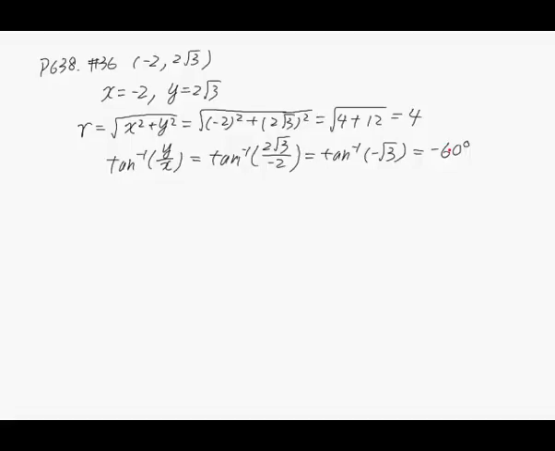So now, when you convert the rectangular coordinates to the polar coordinates, you need to plot this point in the rectangular plane to determine the position of this point, to see which quadrant this point is in. So now let's plot this point.